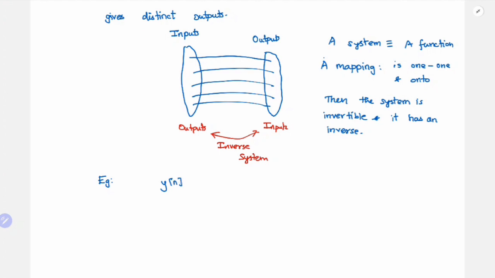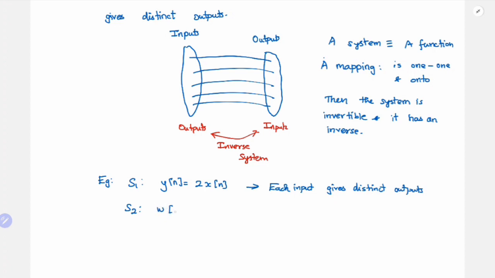We'll see some examples. Here y of n is equal to 2x of n. So let's say this is system 1. I want to find the inverse of the system. So first we should observe that each input gives distinct outputs, right? So if I take a system S2, then I'll define its function.